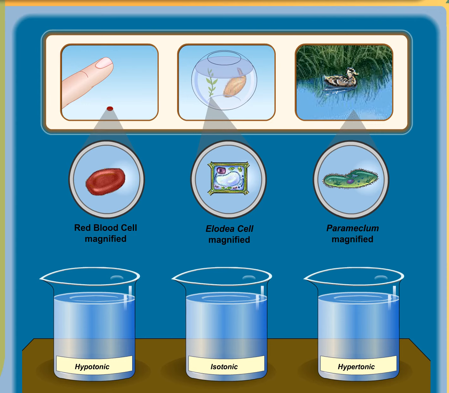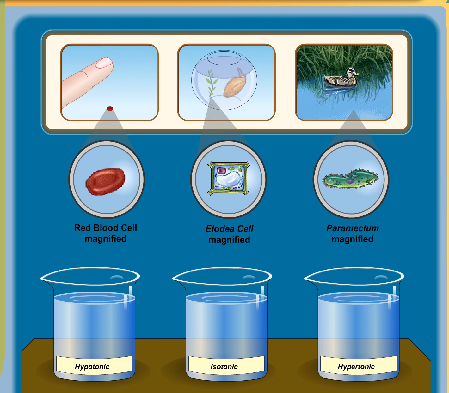Water will move from the region of higher water concentration, that is inside the cell, to the region of lower water concentration, that is outside the cell. The concentration, therefore, would change. The selectively permeable membrane does not allow salt ions to pass into the cell. The cell shrinks as the cell loses water.